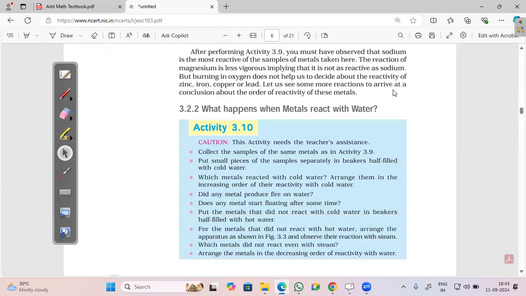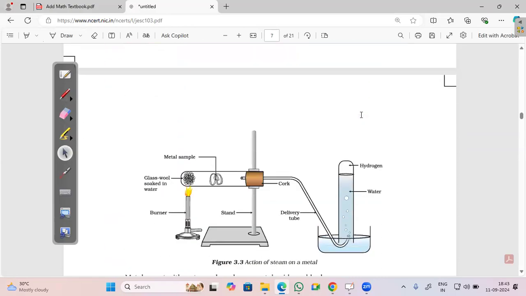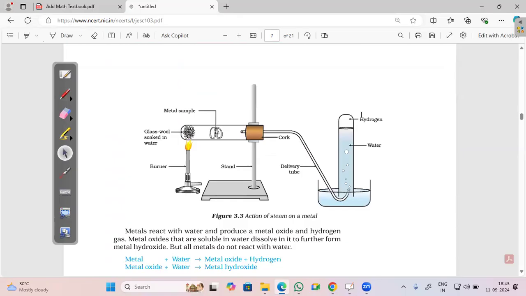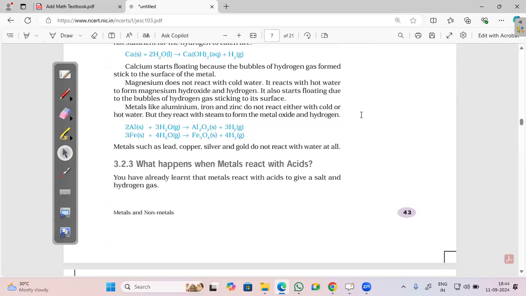Then what happens when metals react with water? This is the reactivity of metals with water. Alongside, we'll also do the non-metals. After this, we have what happens when metals react with acids.